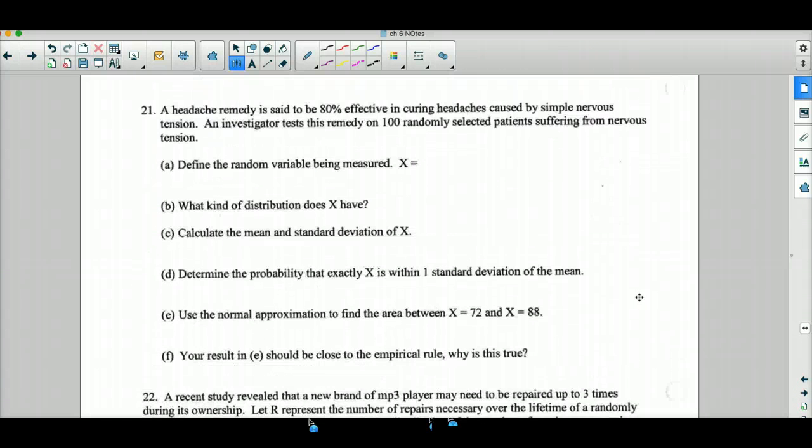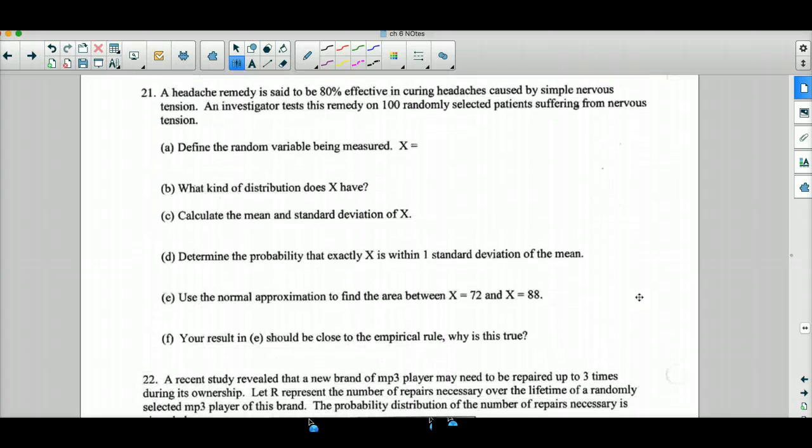A headache remedy is said to be 80% effective in curing headaches caused by simple nervous tension. An investigator tests this remedy on 100 randomly selected patients suffering from nervous tension. X would be what?